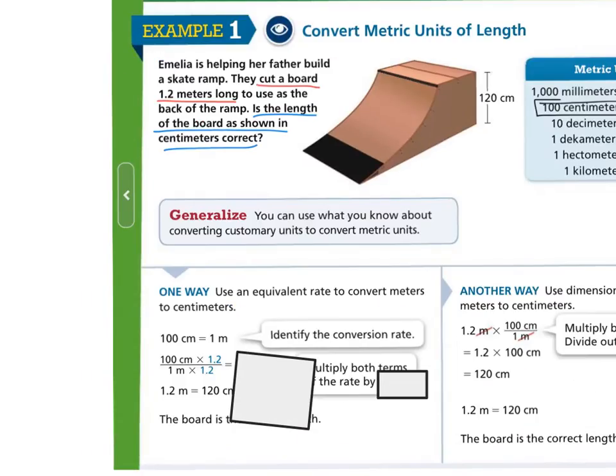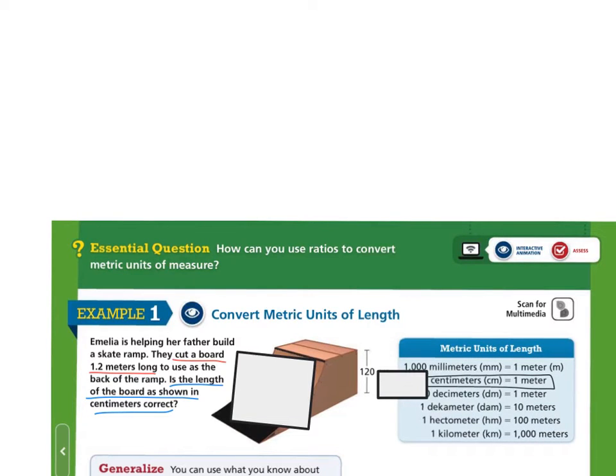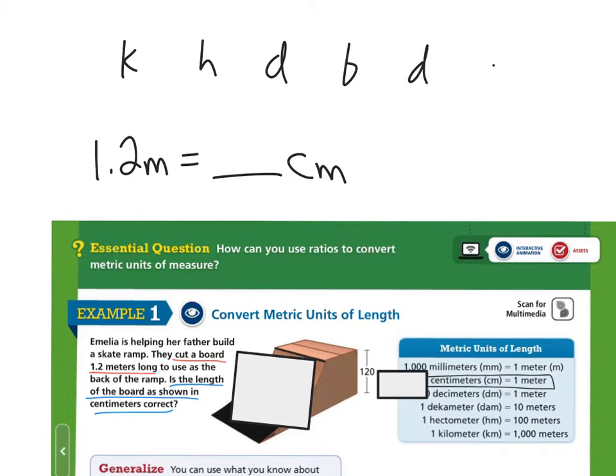The other way you could do this, like I mentioned a minute ago, is you could say it's 1.2 meters, and we're trying to get it into centimeters. You could start with that phrase that we talked about: King Henry died by drinking chocolate milk. This is the base unit, which is meters, liters, grams.